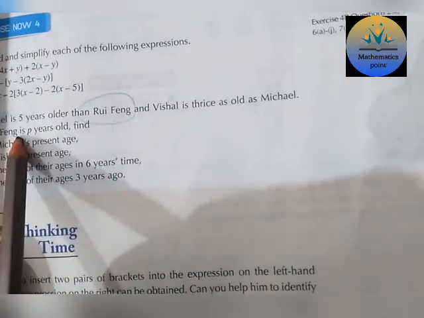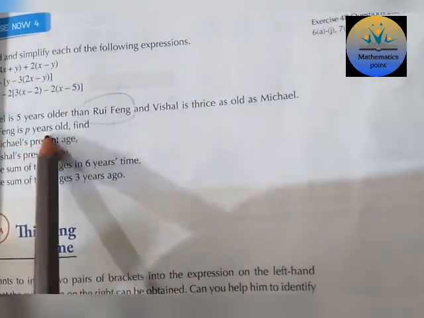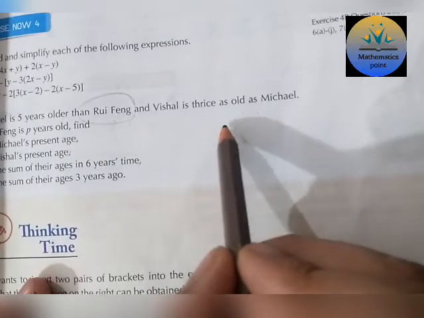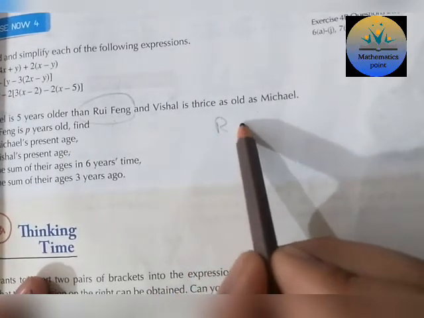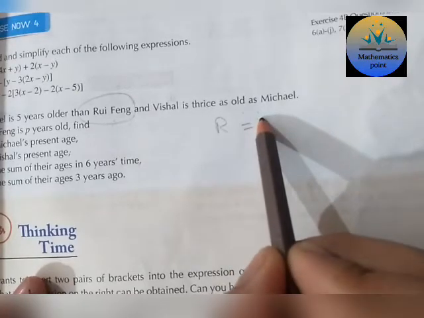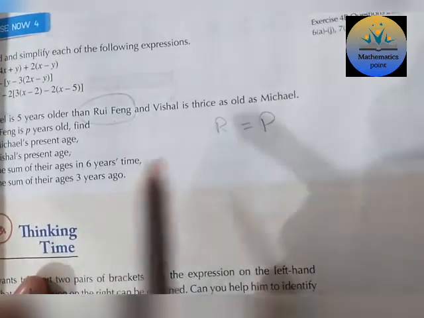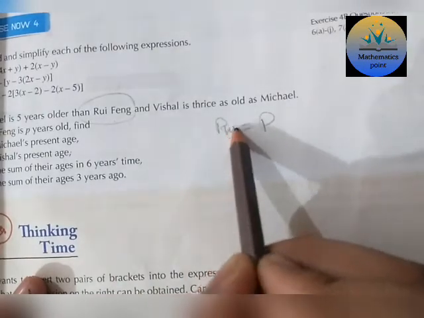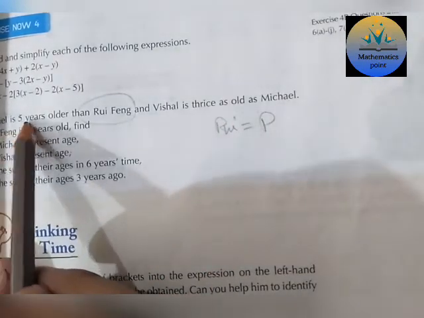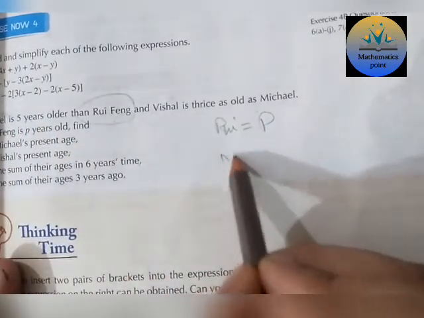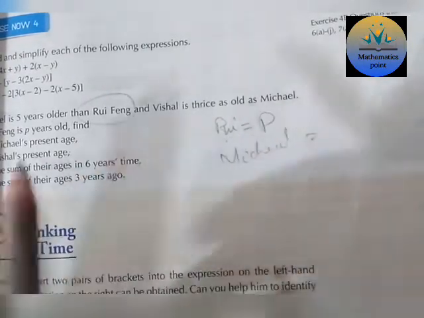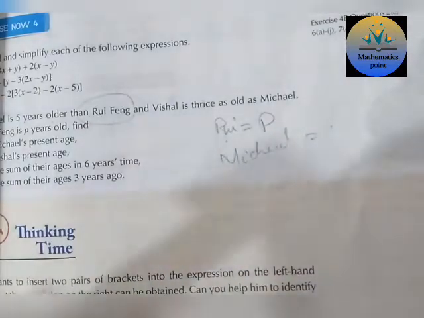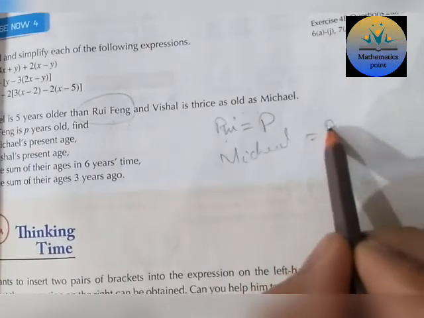If Rifik is P years old, Rifik is represented here, I just represented with R, that age is P. Then Mitchell is 5 years older, that means older, 5 years bigger than Rifik. So you just have to write P plus 5.